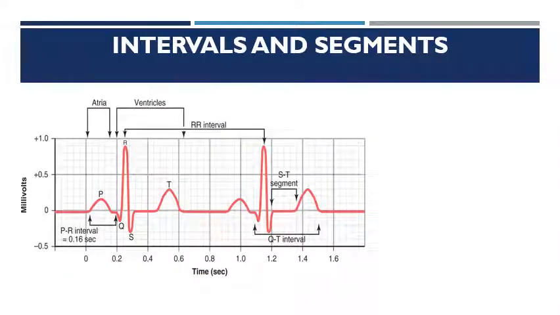The normal intervals that we are going to discuss in this lecture include PR interval, then QT interval, then ST segment, and then the RR interval between two R waves or QRS complexes.